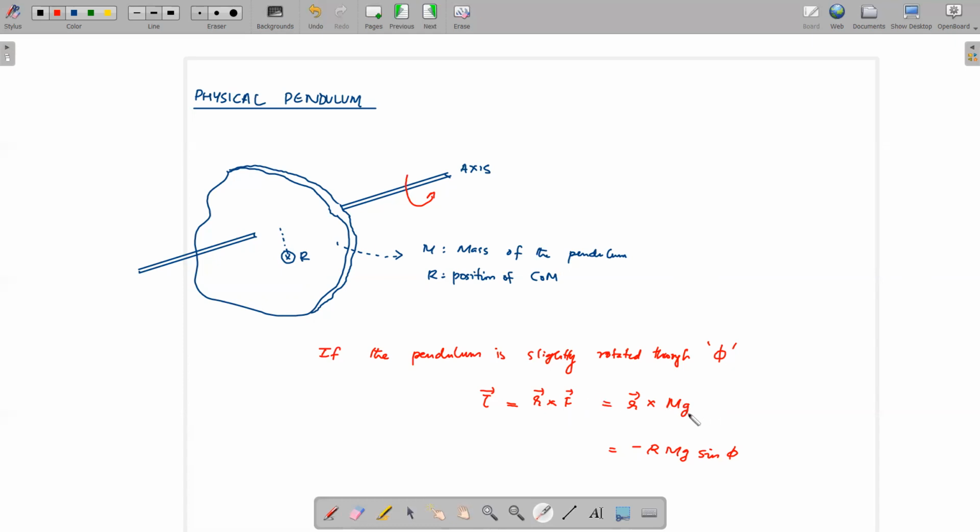Here the force is the gravitational force itself, which is mg. So R cross mg is equal to minus R mg sine phi, phi being the angle between the vector mg and R, R meaning this one.